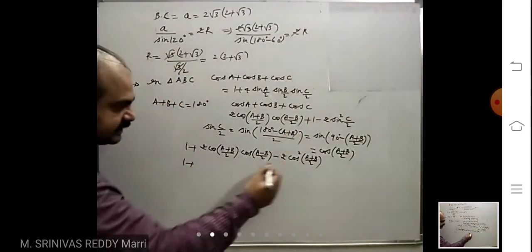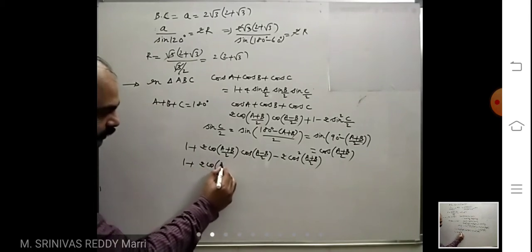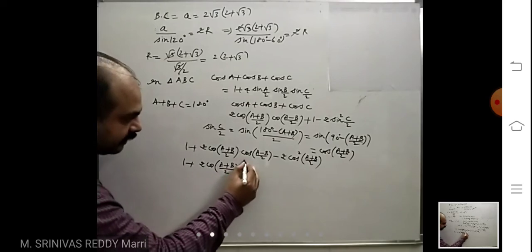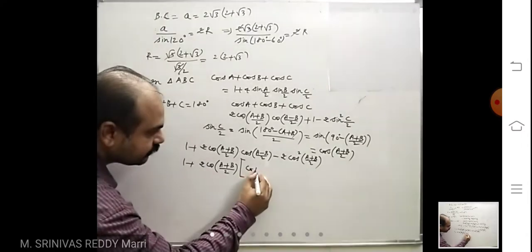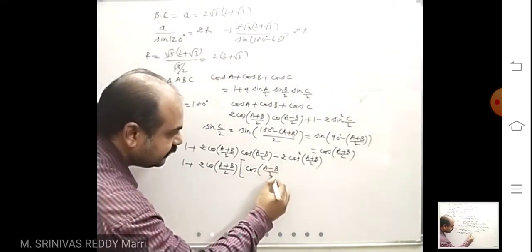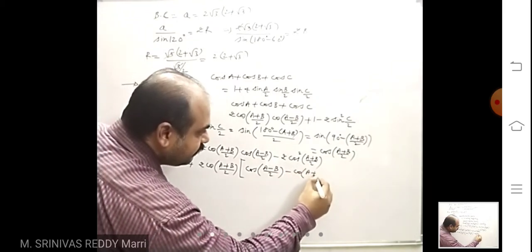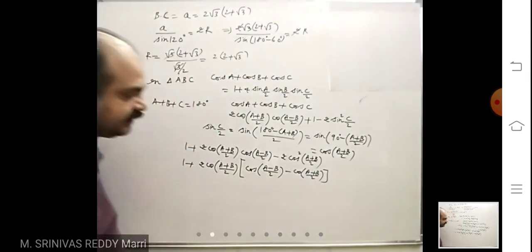Now in these two, you take 2 cos A plus B by 2 common. If you take common, you will get cos of A minus B by 2 minus cos of A plus B by 2. Right?